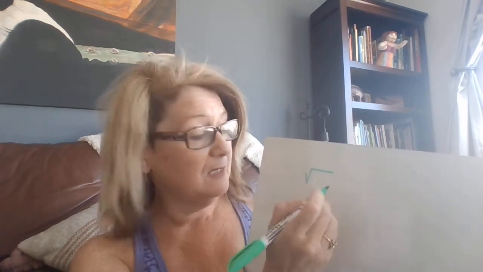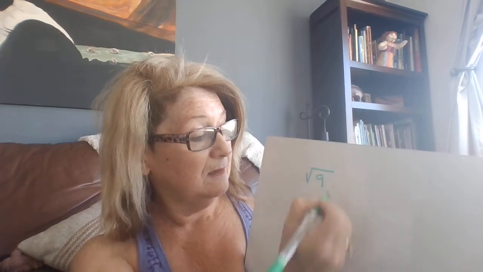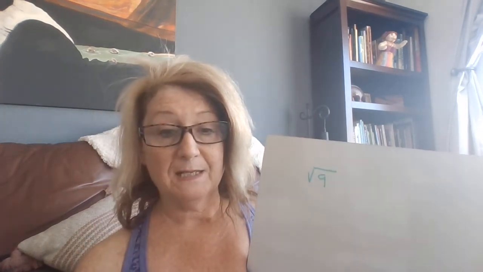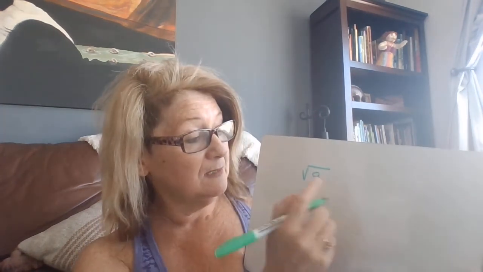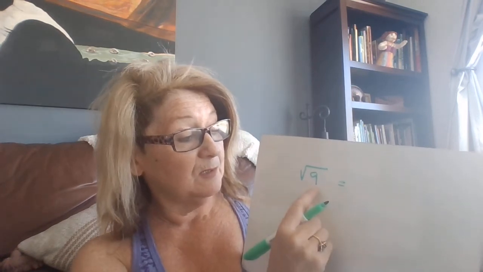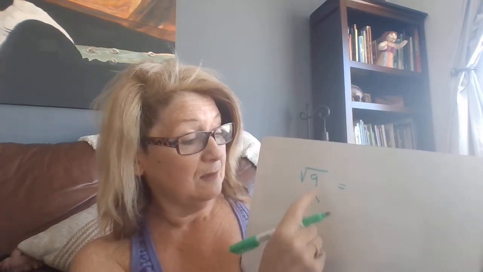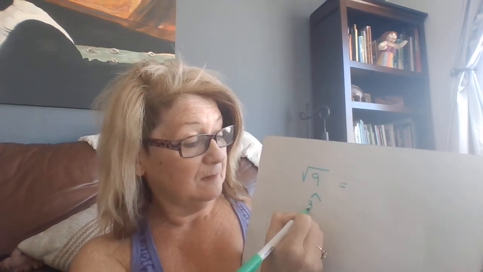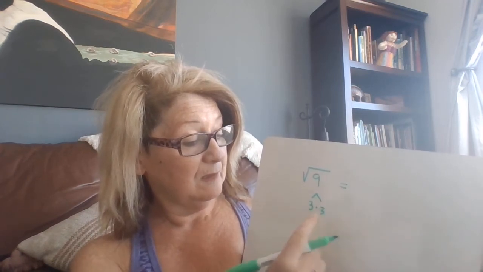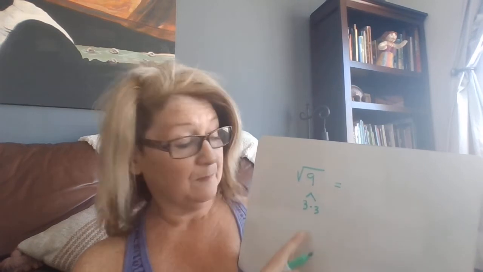And that radical symbol usually houses a number, say 9. And what it's asking is, what is the square root of 9? As in, what number times itself gives you 9, right?